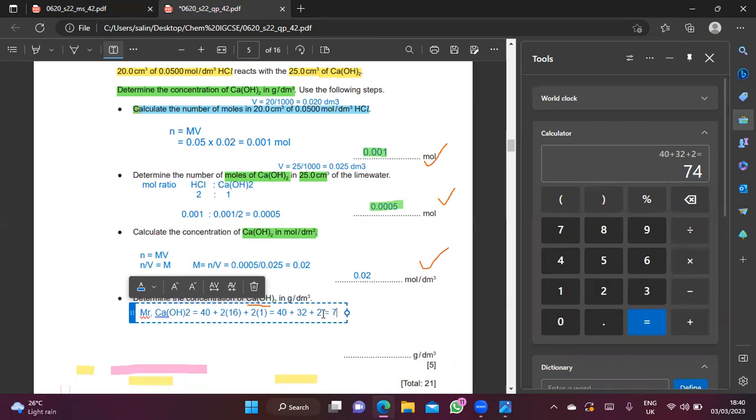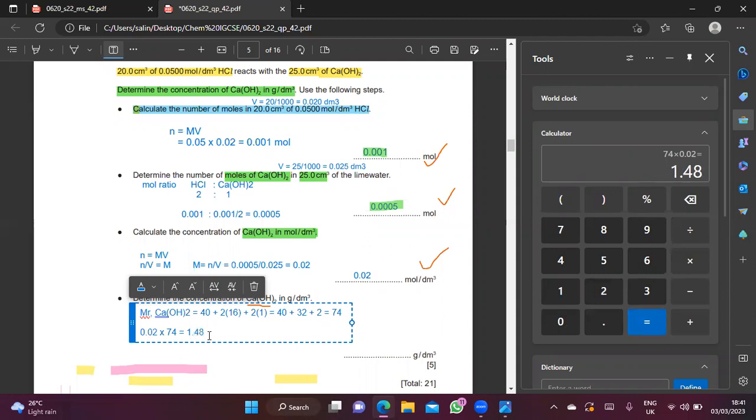What do you need to do with the number of moles now? Mole per dm cube. You want to find gram per dm cube. You just convert the number of moles, 0.02. You just multiply it by the Mr. 74 times 0.02. There you go, 1.48.